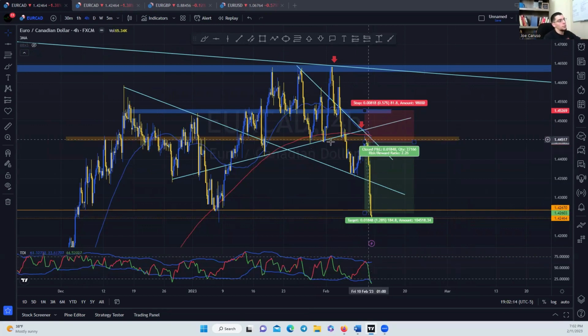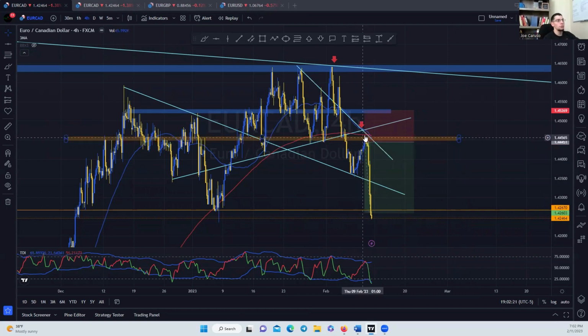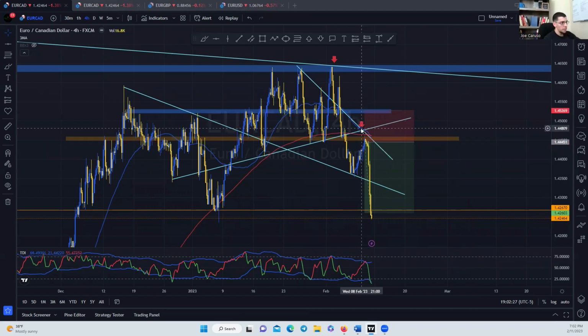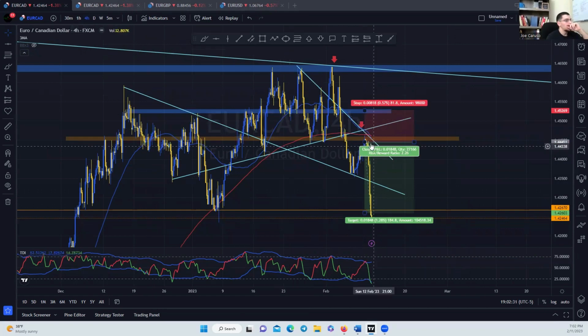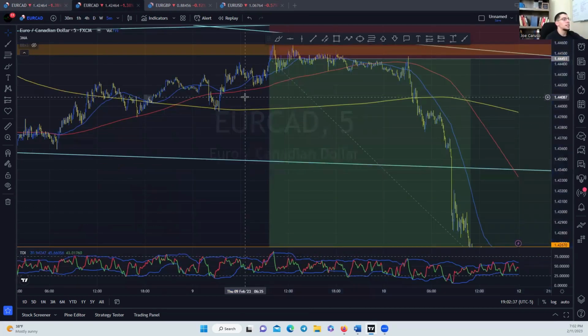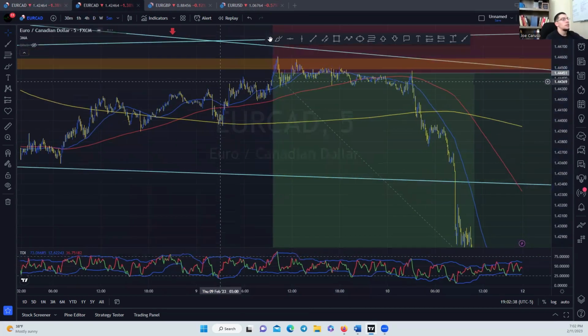The confluences that we have here are support turned resistance, the 50 and the 200 MA cross. I had two trend lines. It was a 382 fib level, and my stop loss included the 0.5 fib level and the 618 fib as well. So I'm going to scale this down onto the 5-minute and show you exactly how to manage this.